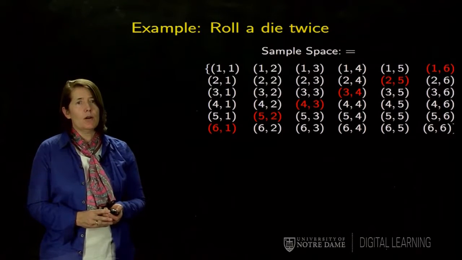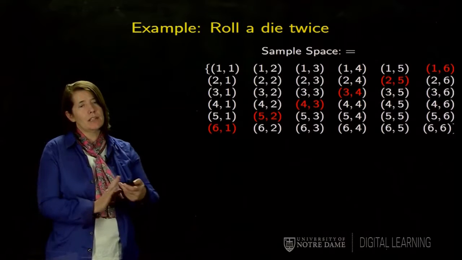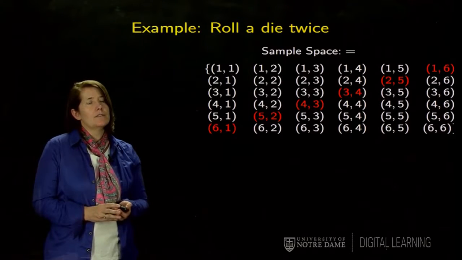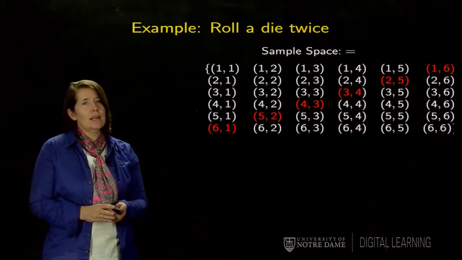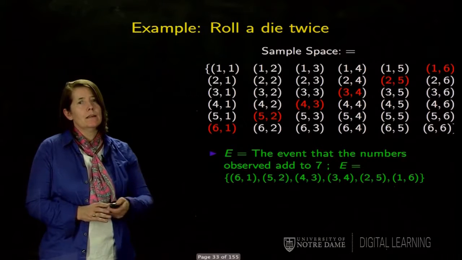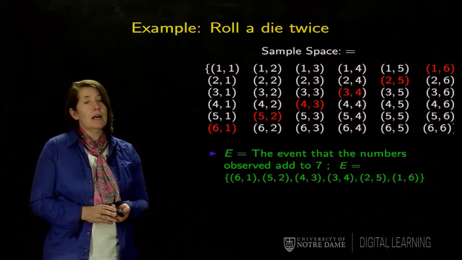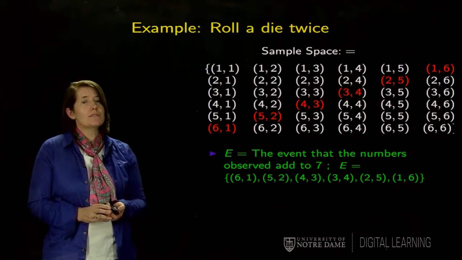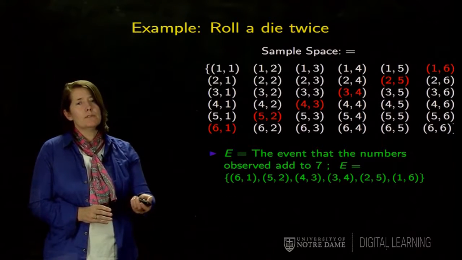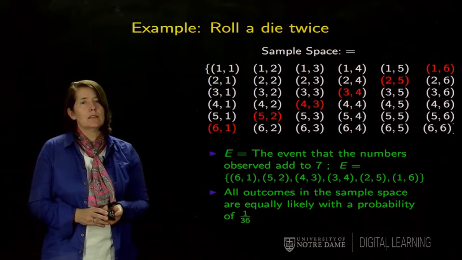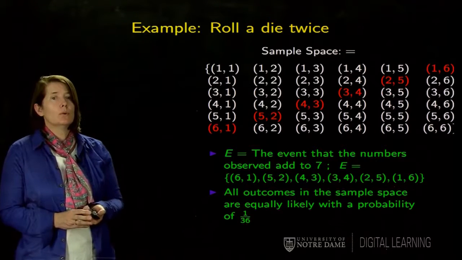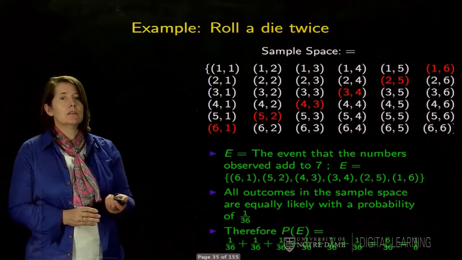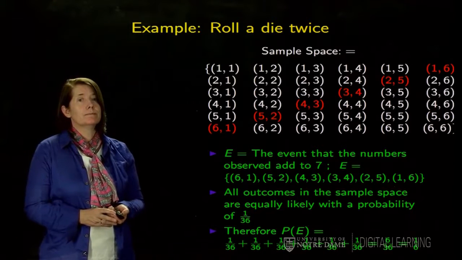It's just that off-diagonal element, the off-diagonal of the rectangle. And we have a list of the outcomes in E. We have 6 of them. And therefore, the probability of E is 6 times 1 over 36, which is 1 over 6.